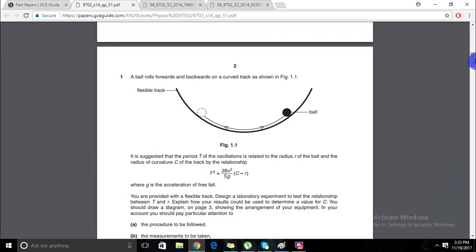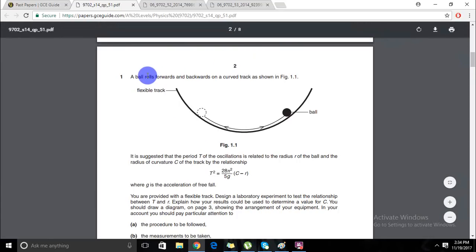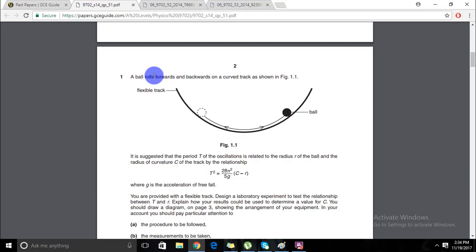So the question statement is: a ball rolls forwards and backwards on a curved track as shown in figure 1.1. So it is rolling forwards and it is rolling backwards.